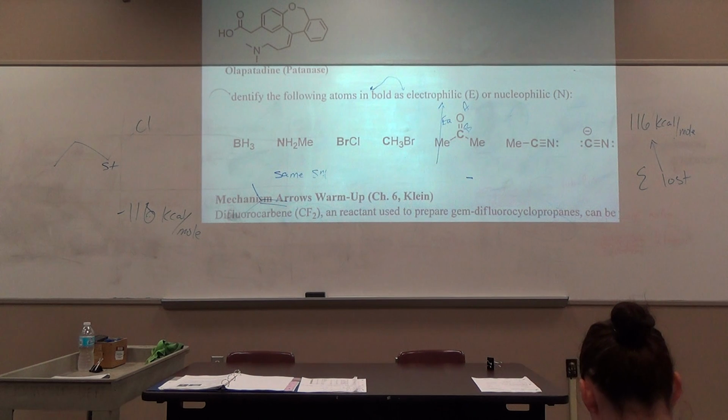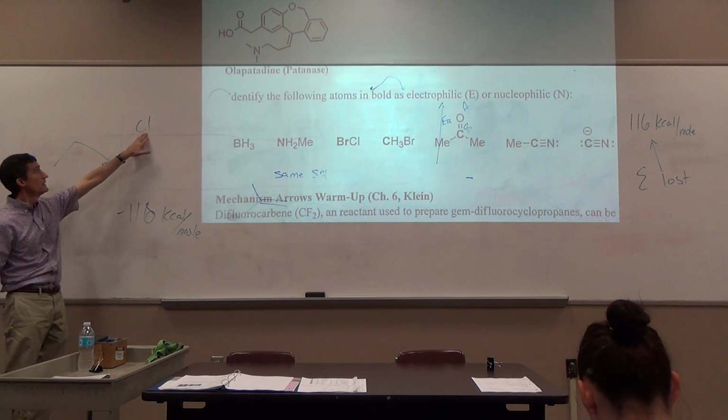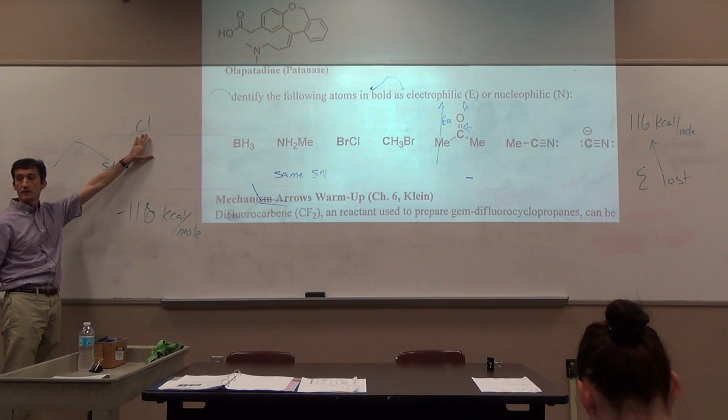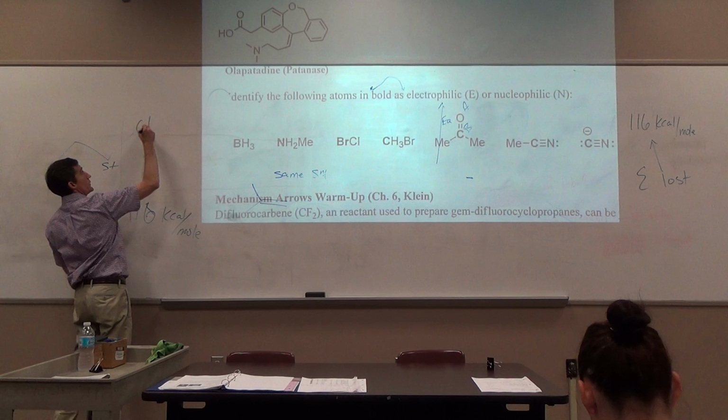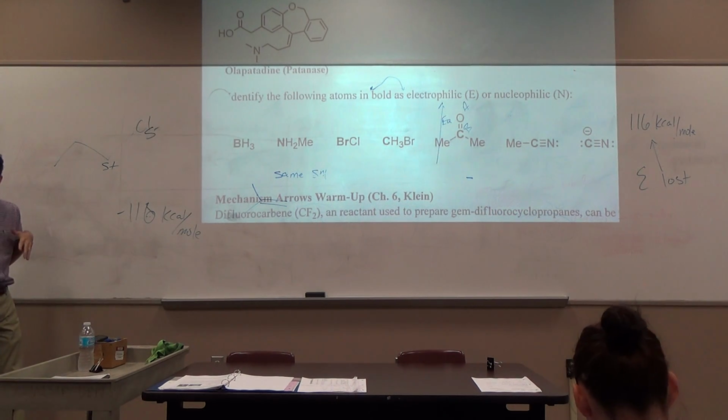Question? Is this different from electronegativity? Because I would think that chlorine likes electrons because it attracts the electrons to itself. Yeah, but chlorine is not called an electrophile, because chlorine has a lot of partial minus, because it pulled the electrons towards it.